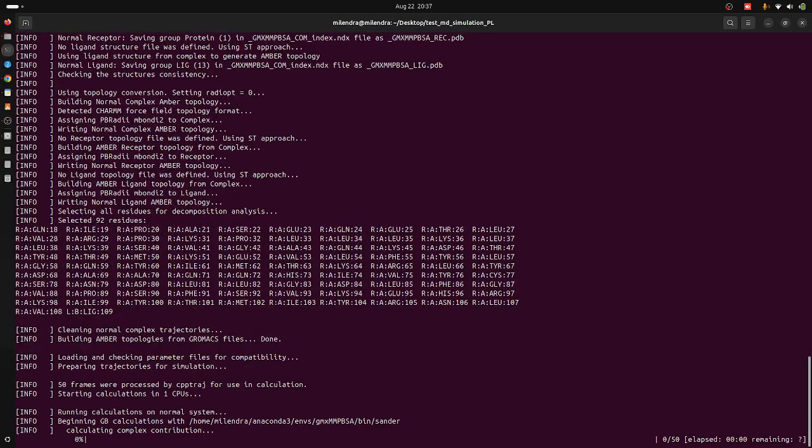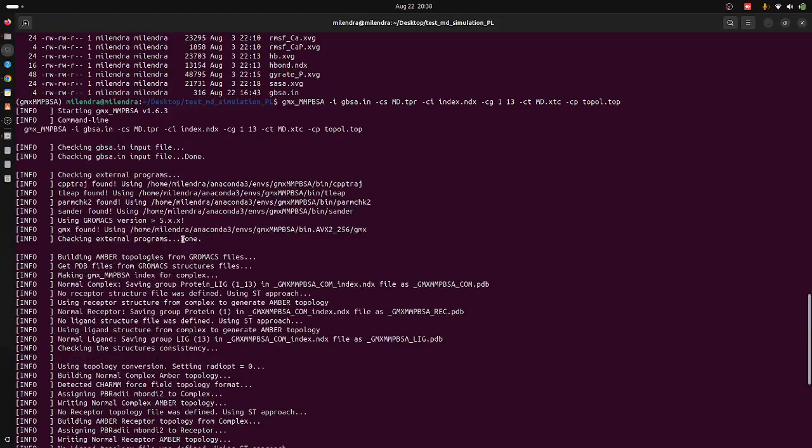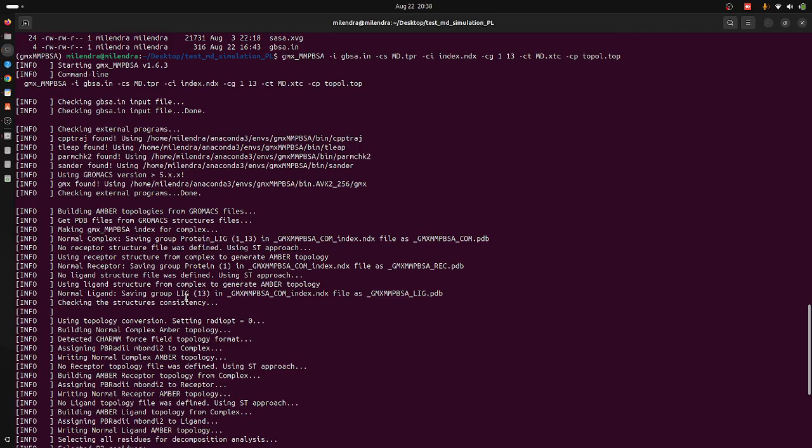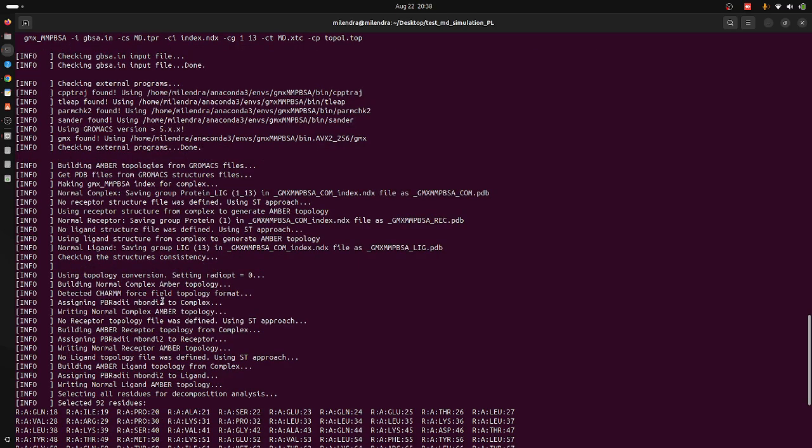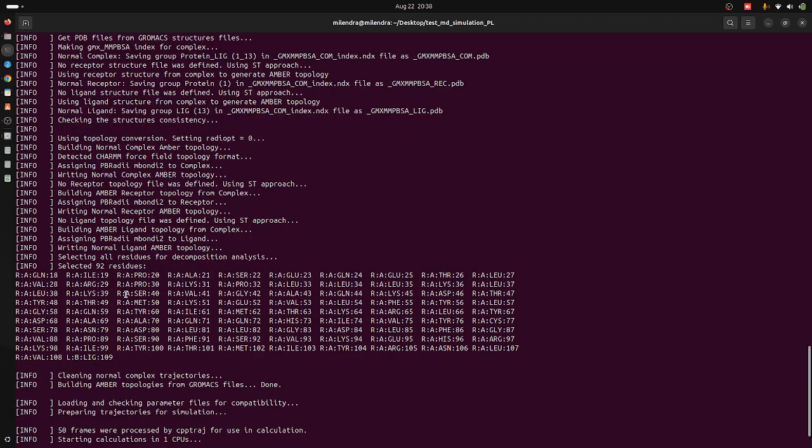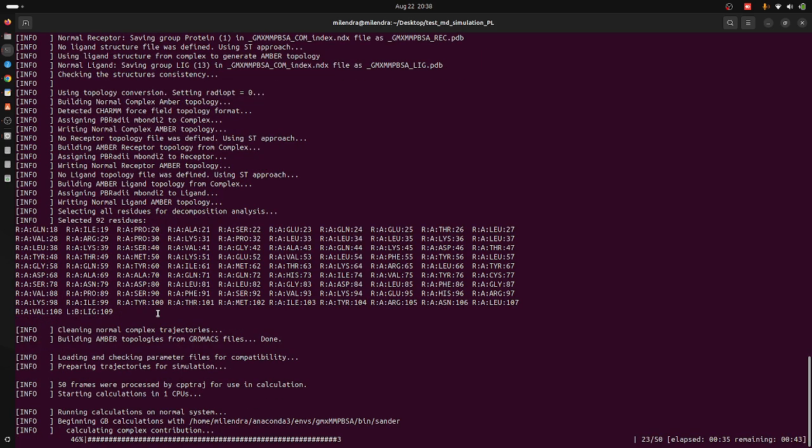Yeah, it is started, right? And it will take 1 to 2 minutes for the complete MMGBSA calculation. You can see the parameters, all the environments and inputs, and force fields it is using, because this calculation is totally biophysics based.